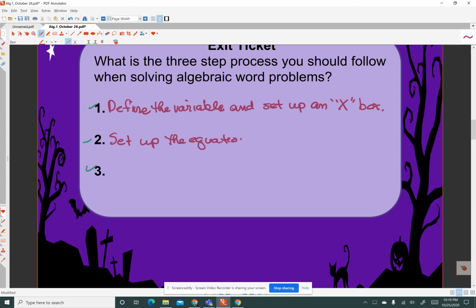And this is often the trickiest part right here. And then the third thing is to define the answer carefully. That means take a very good hard look at the problem and at exactly what they're asking you.